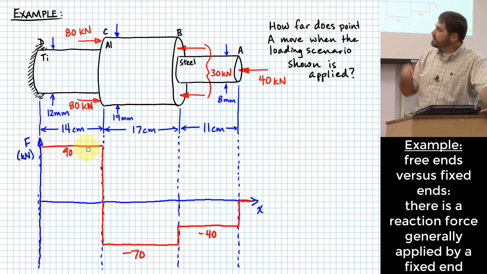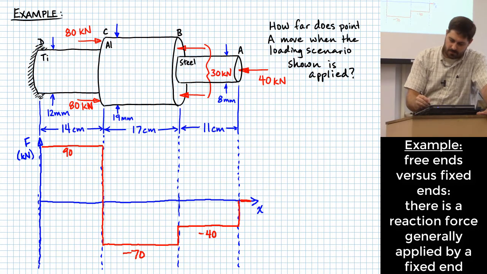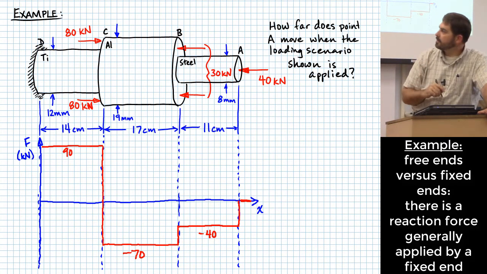Once we get to point D, we've got 90 kilonewtons there. Where does that 90 kilonewtons come from? On the left end. Whatever this rod is attached to.